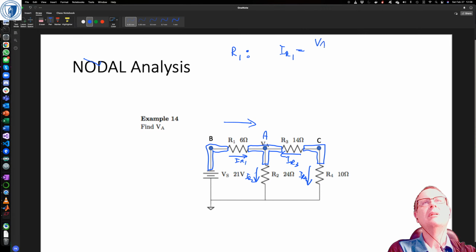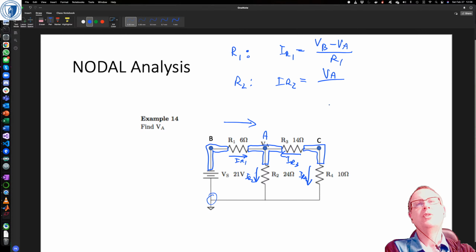So IR1 is, let's try that again, VB minus VA on R1. IR2 is just equal to VA, right? It's actually VA minus 0 because there's the ground, but for simplicity we just write it as VA on R2.